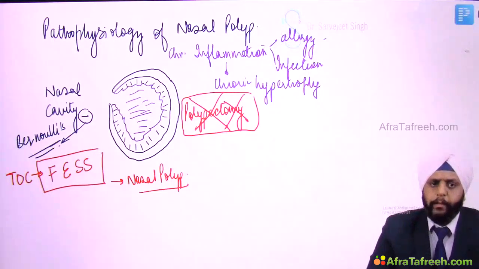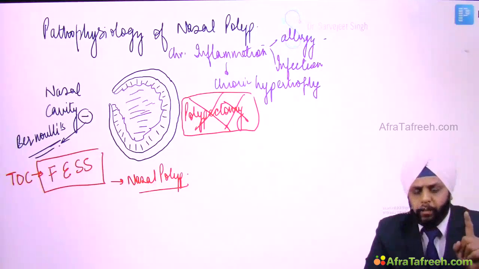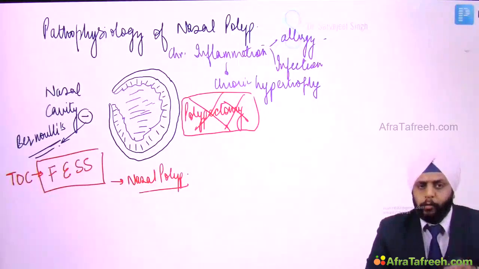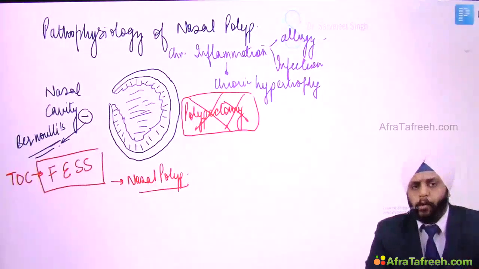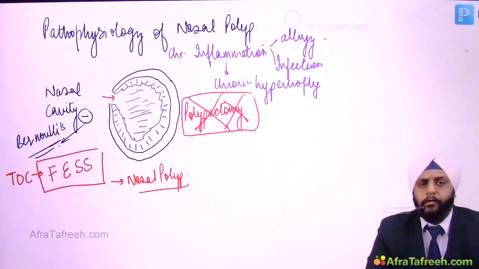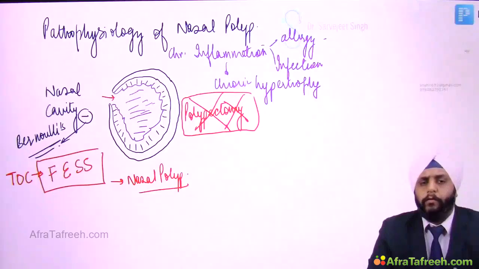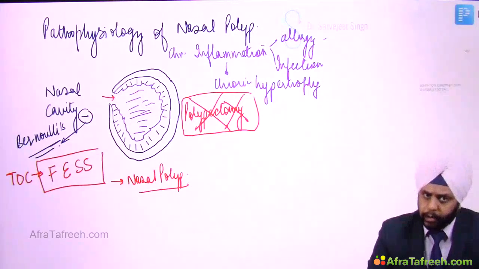Remember, whether there is one polyp or multiple polyps, the treatment has to be FES. We have to remove the polyps, and then we have to make these openings wide enough so that they become self-draining and there is no formation of polyp, there is no recurrence, right?